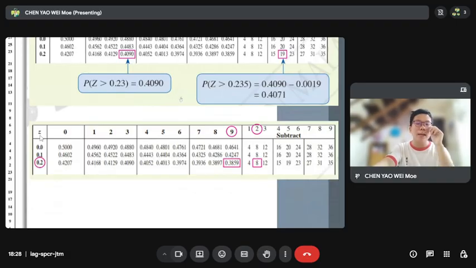0.4071. Okay, I see. Which number is more closer? These two are more closer. I don't see this one. I see the closer one.